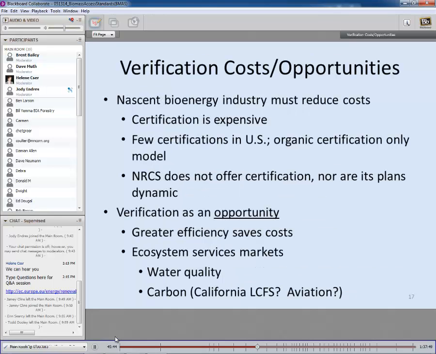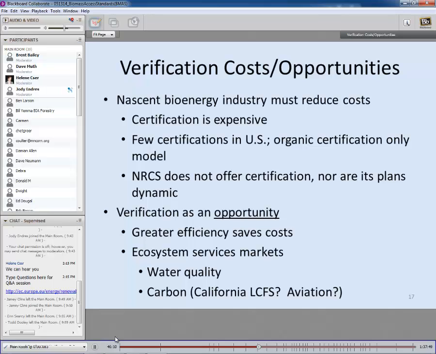So this really poses both a challenge and an opportunity for bioenergy supply chains, because the bioenergy industry is very nascent and is already struggling with getting their costs at par for fossil-based fuels. And on top of that, certification is expensive. It's expensive to run certification organizations, especially worldwide ones.